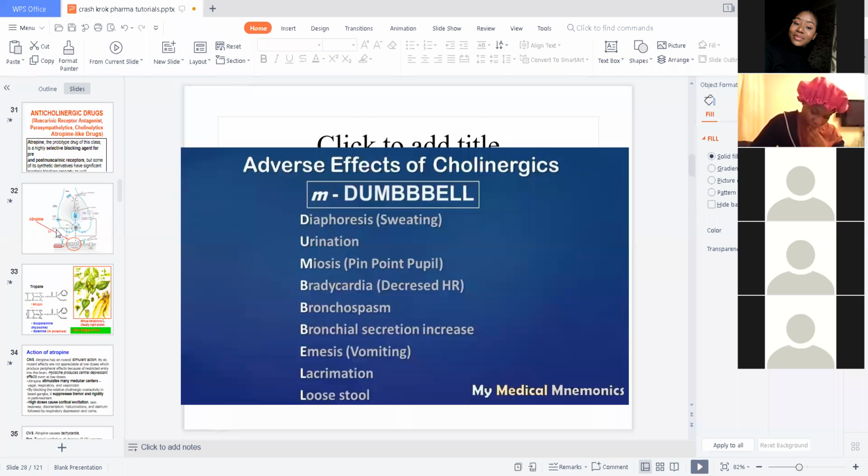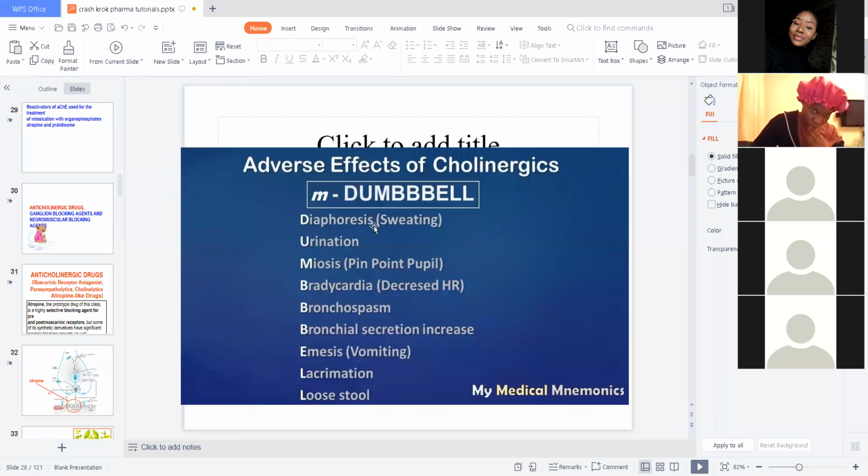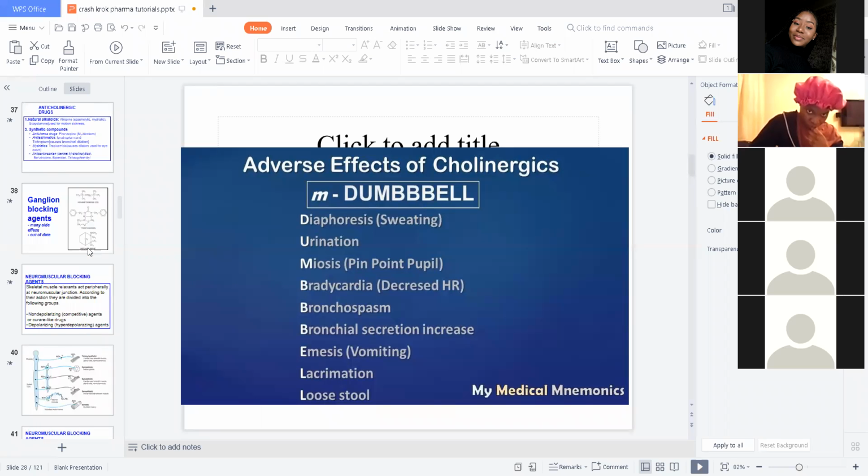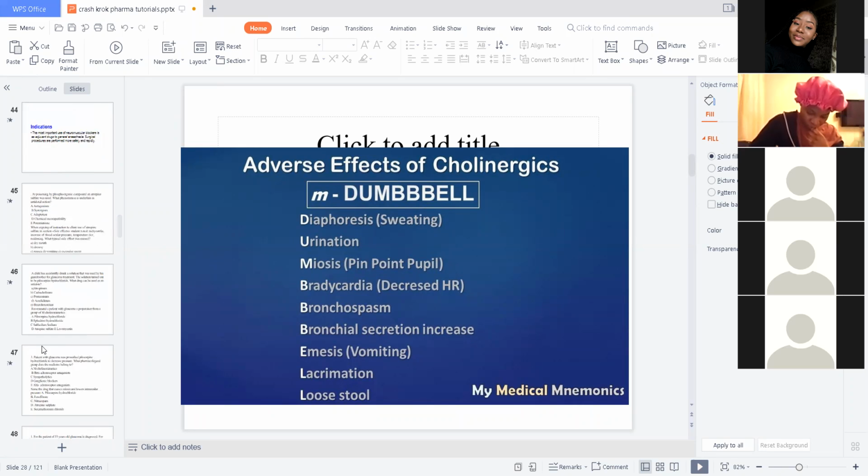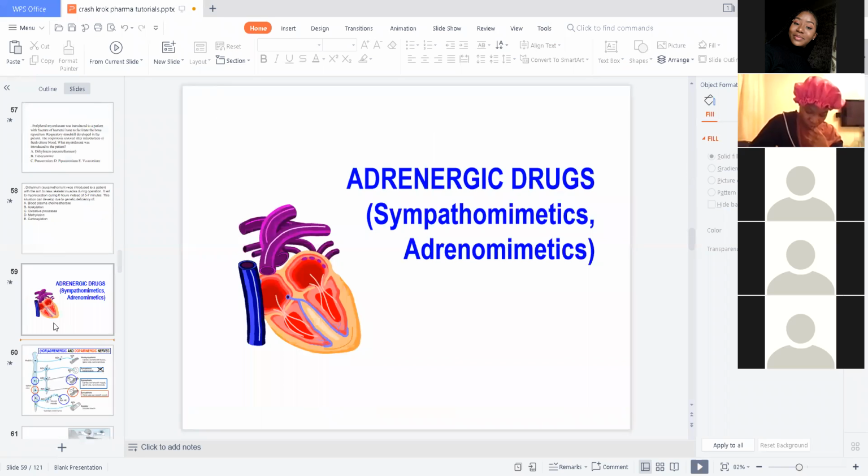The opposite of this is the anticholinergic drug effect. The anticholinergic drug we're talking about is atropine. So if we have atropine overdose, we're going to have dry mouth, tachycardia and mydriasis. Please take note of this. It's very, very important.